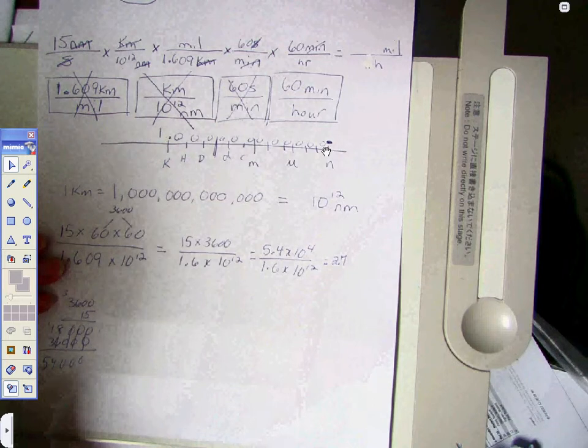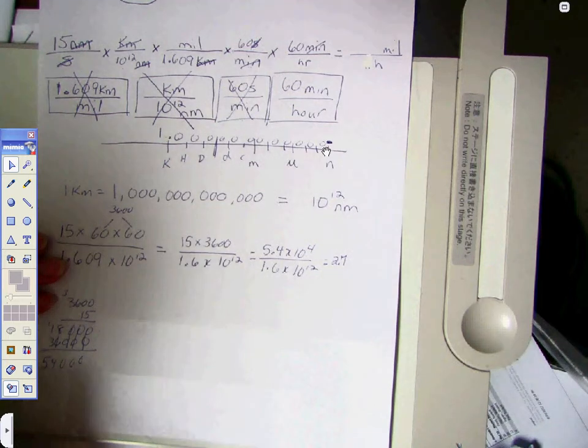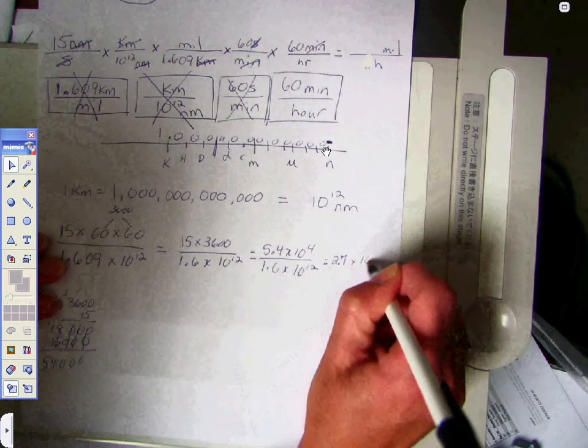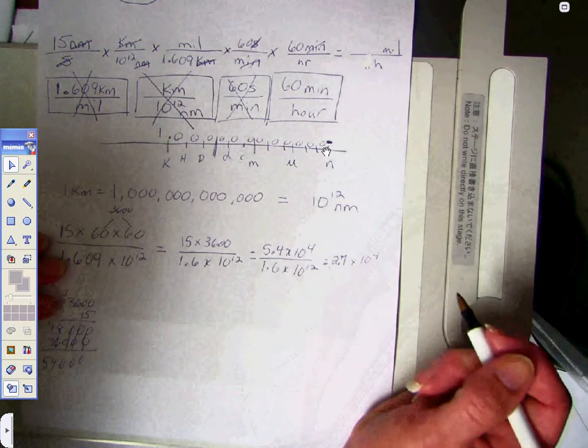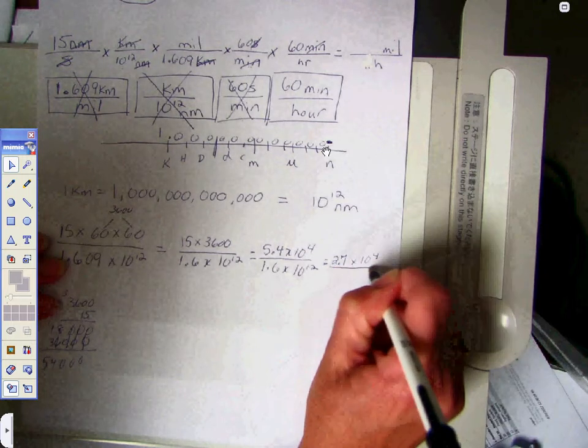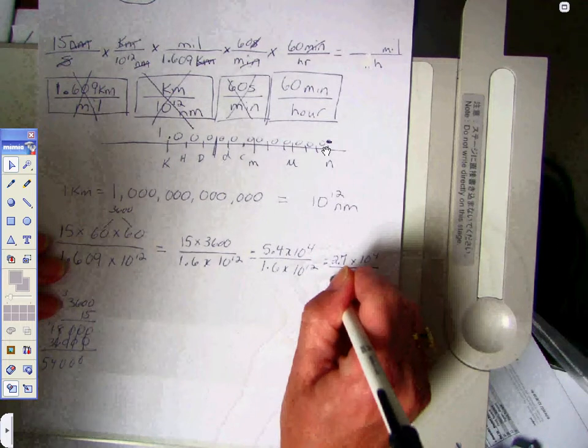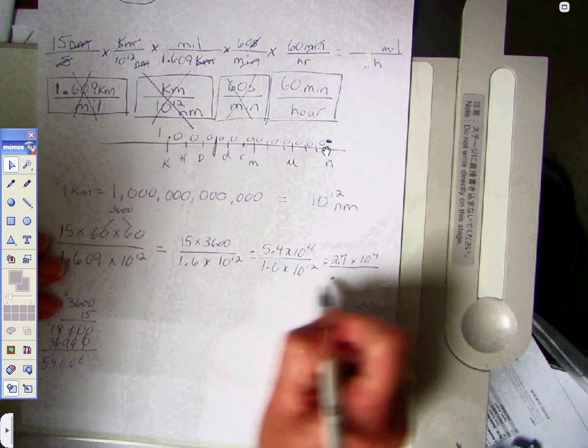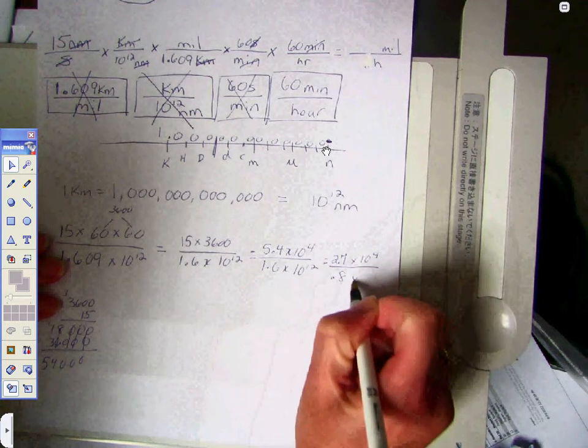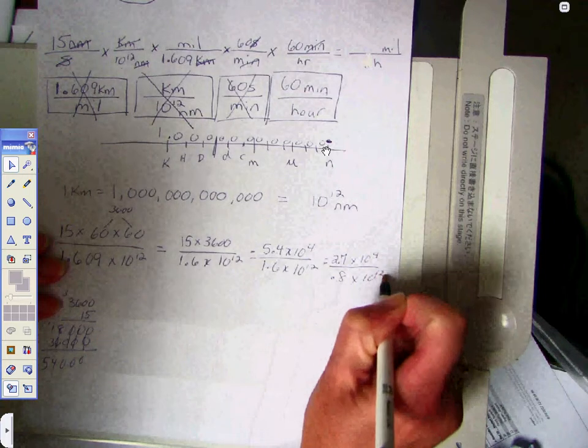So I can say 2.7 times 10 to the 4th. And this would be 0.8 times 10 to the 12th.